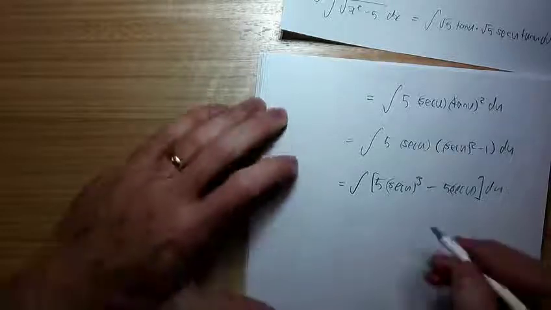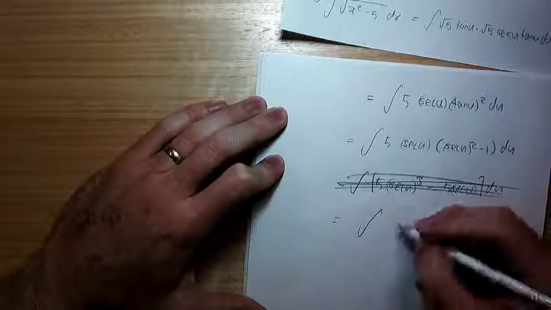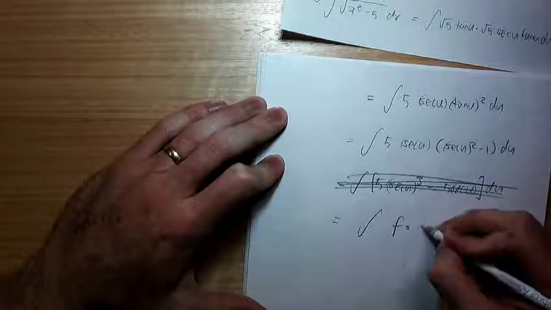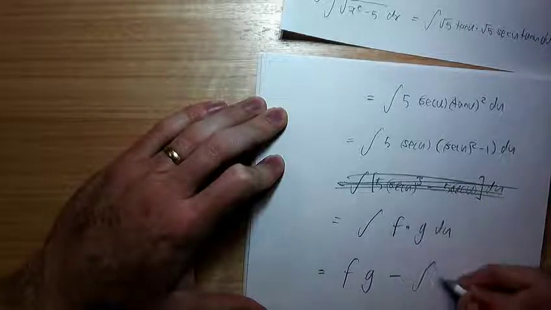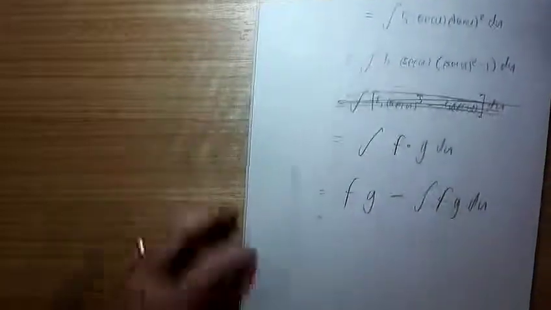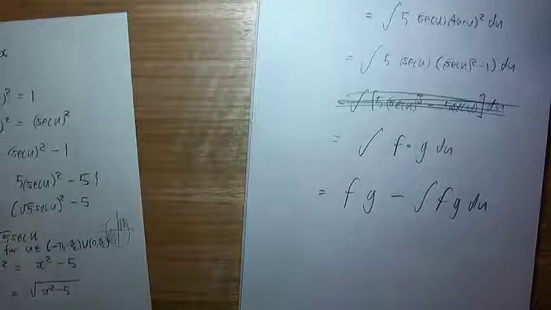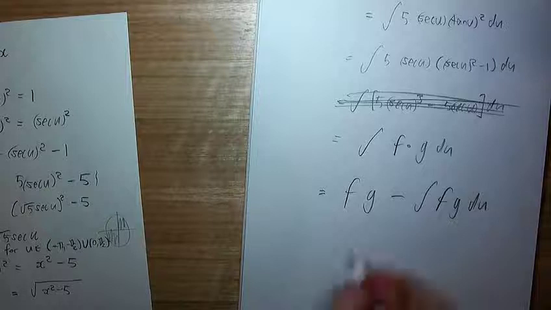There's some sort of reduction formula, I'm sure. I'm going to try integration by parts. That's what integration by parts looks like, except it's got some dashes in there, but I'll deal with that in a minute.